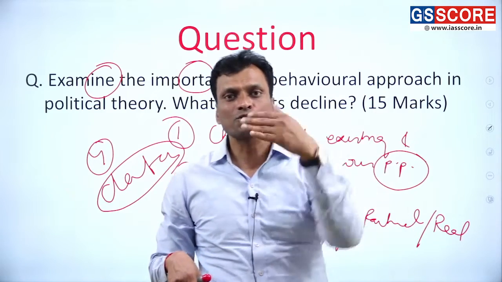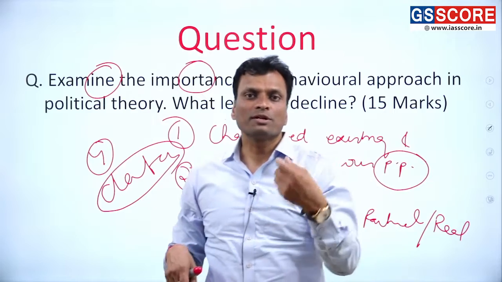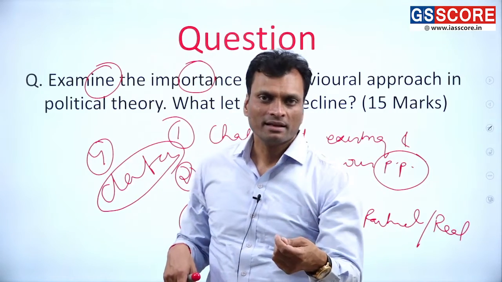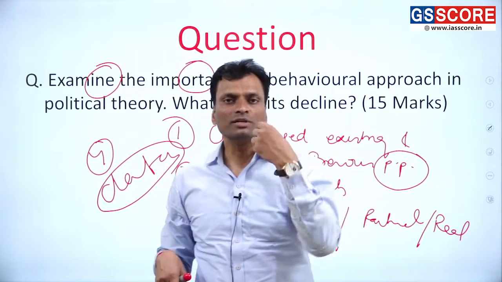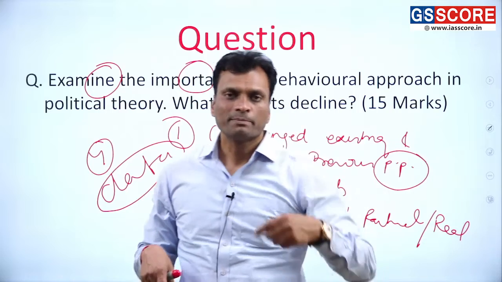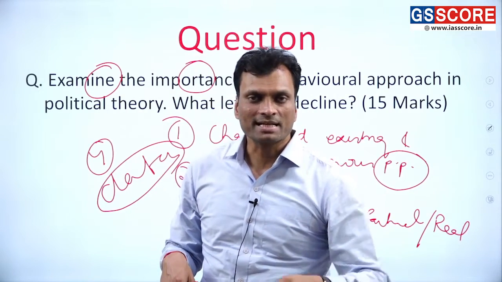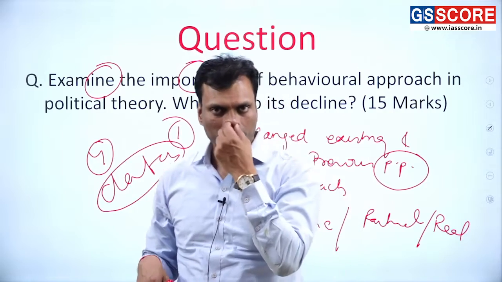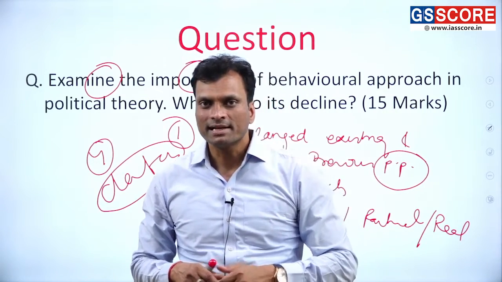The theory of social contract was more about how it should be. The Marxian communist revolution was more about how it should be. A classless society, how it should be. Plato's philosopher king, how it should be. Hannah Arendt's public action, how it should be. Rather than going into reality.